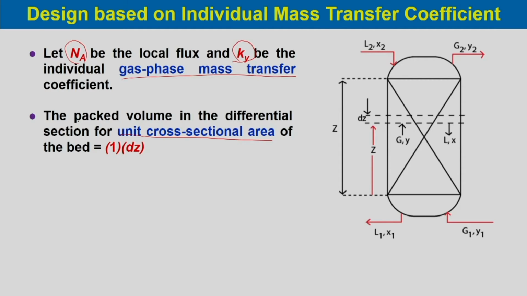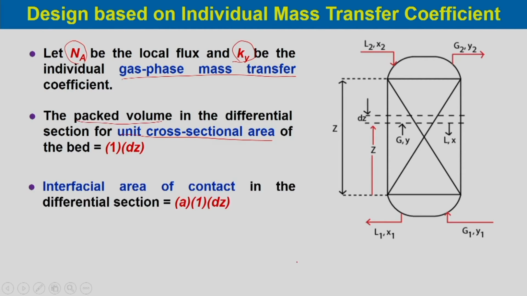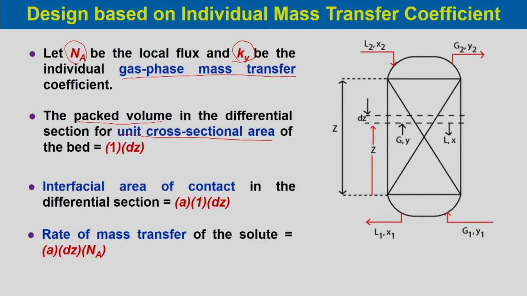Now, the interfacial area of contact in the differential section is a into 1 into dz. So, the rate of mass transfer of the solute would be a dz into Na.